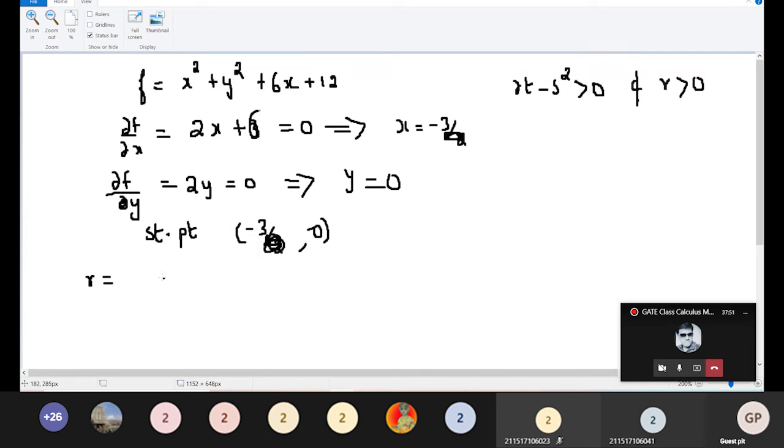It's okay. Now R means dou square f by dou x square. One more time we have to differentiate that. I think it is 2. Then S means dou square f by dou x dou y.